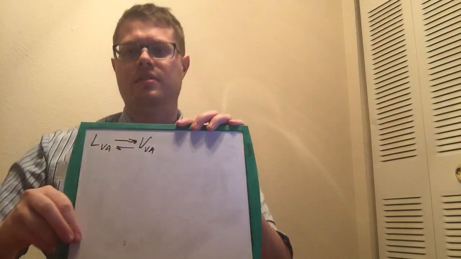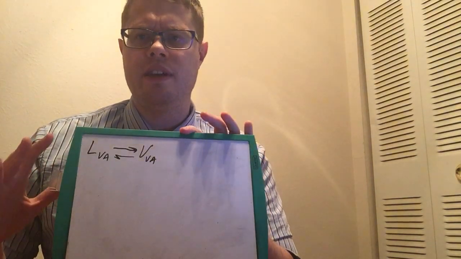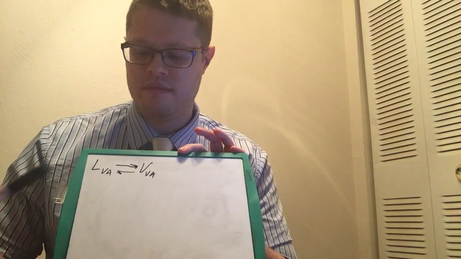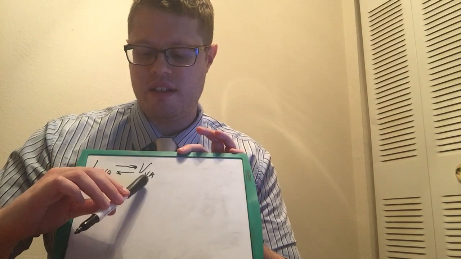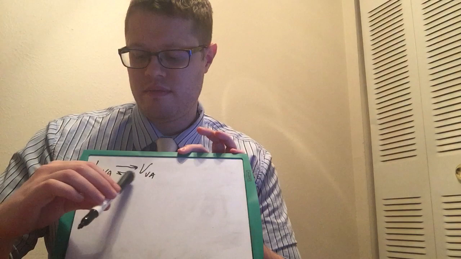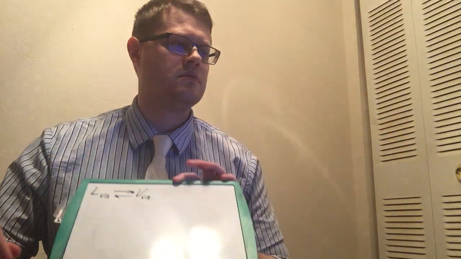Just quite simply here, L is liquid, V vapor, with the little VA, which is not the Veterans Affairs, it's a volatile agent. So pretty much at baseline, in equilibrium, liquid anesthetic to vapor anesthetic, volatile agent here. So we are equal.